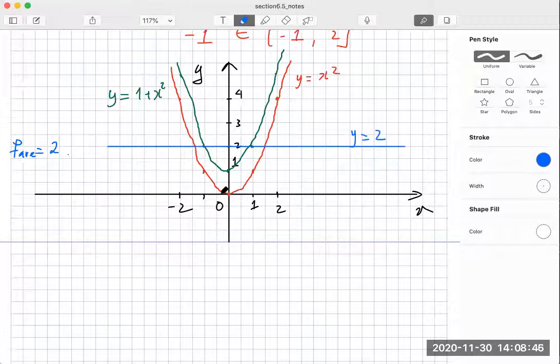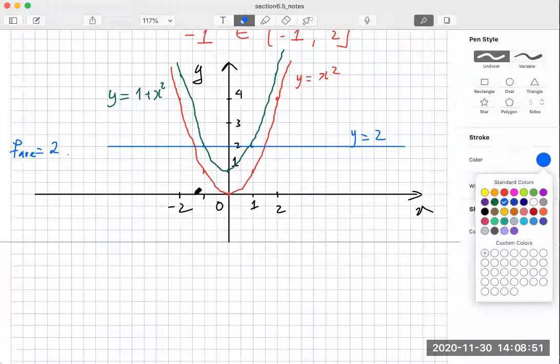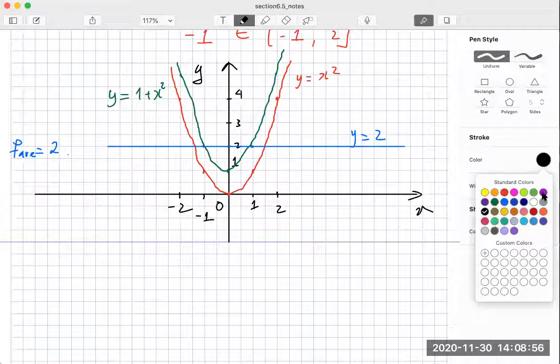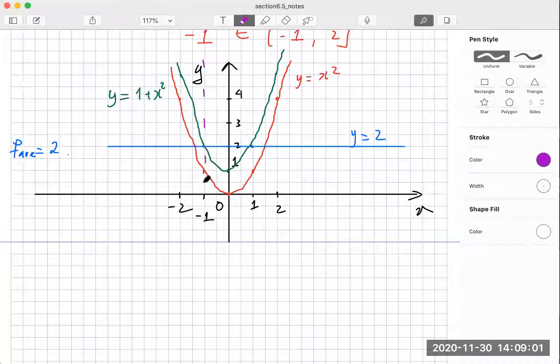So as you can see, on the interval from -1, which is this point, to 2 here, the average value of the function y is 1 plus x squared would be the purple area here.